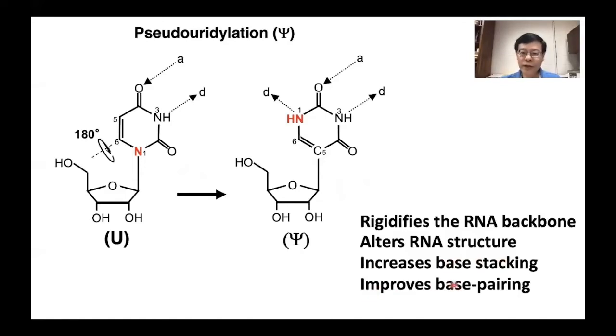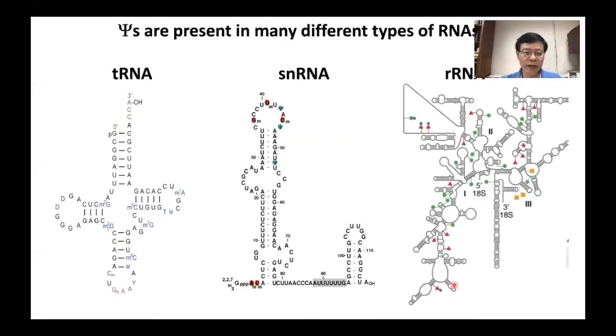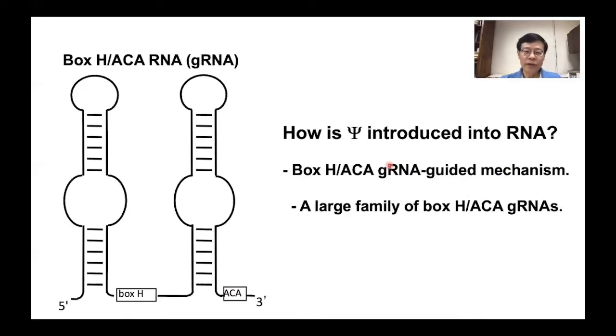This is a naturally occurring modification, and it is highly abundant and widespread. You can find it in many different types of RNAs, including tRNA, snRNA, and ribosomal RNA, and now also in messenger RNA. So the question now is how pseudouridine is introduced into RNA.